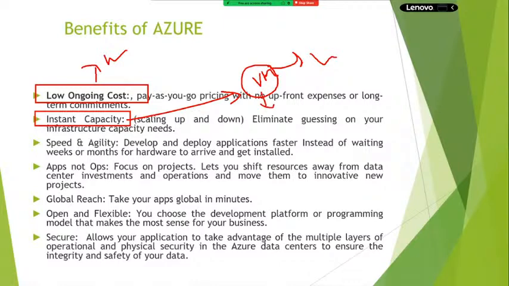If you have internet connectivity, you can upgrade or downgrade the configuration of your application. That is instant capacity, like an instant copy. Next, speed and agility. Next, global reach: your data can be distributed across the globe in minutes.